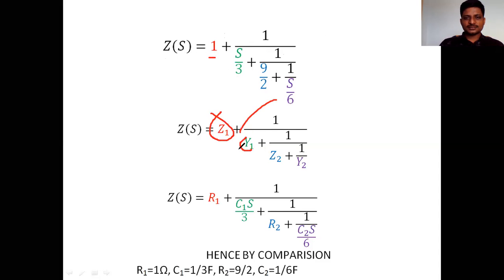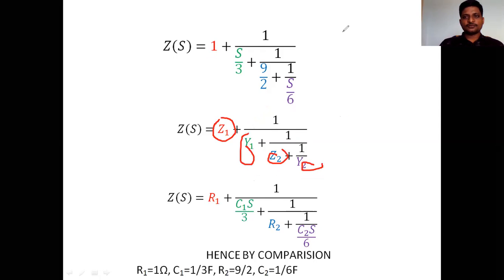We are first splitting Z of s into z1 and z2, and after that plus z3. Like that you are separating one part at a time: first z1, then y1, then z2, then y2.